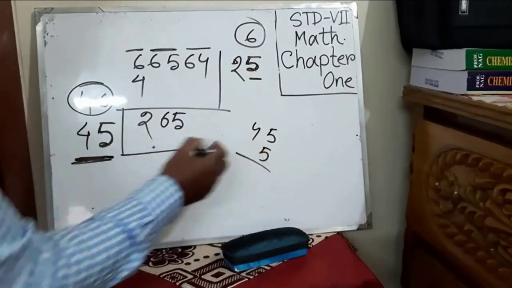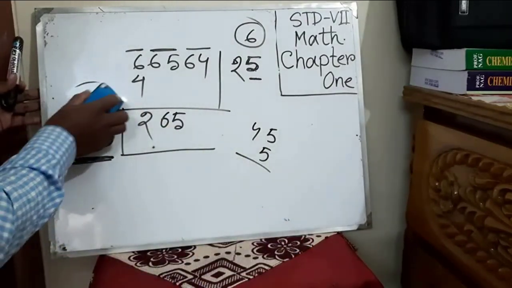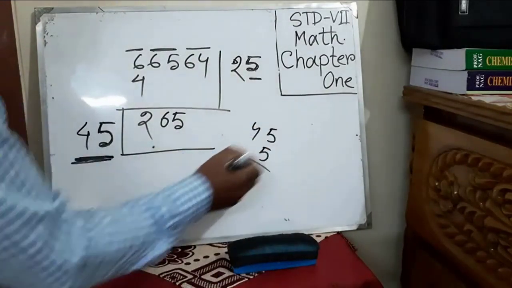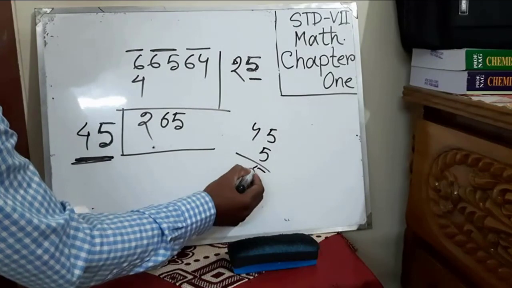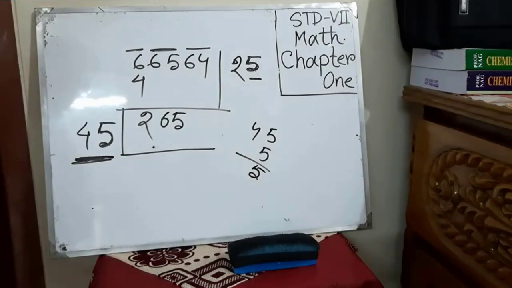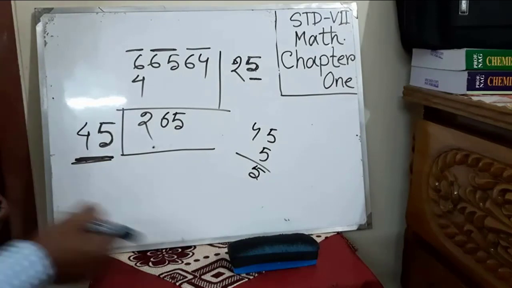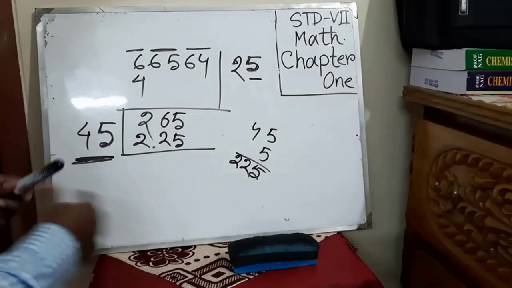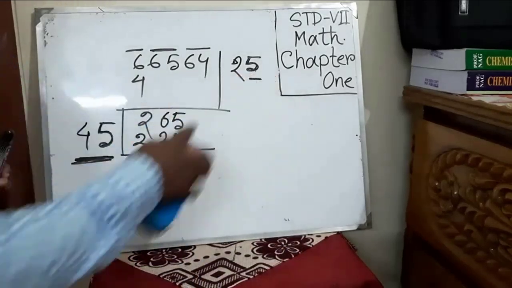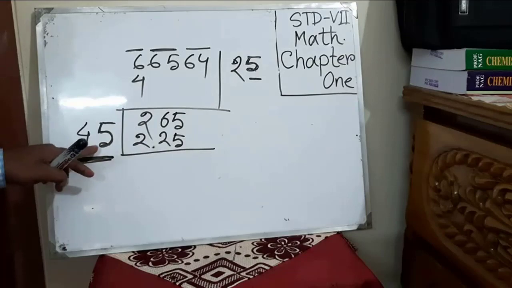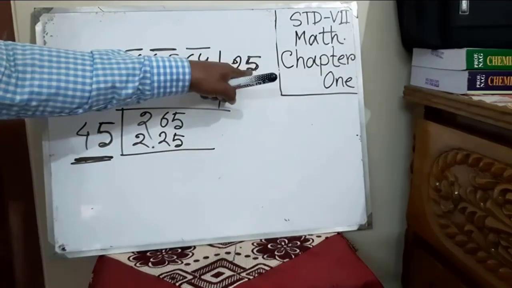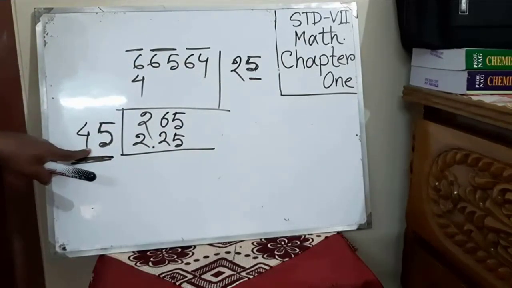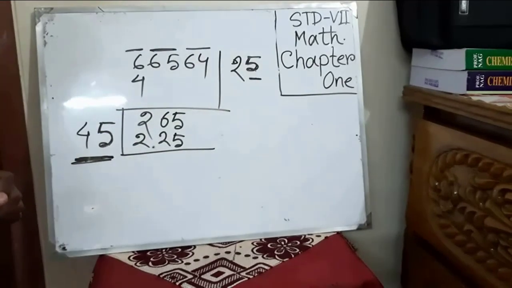So 45 will be multiplied by 5. I think you have understood better. 5 5s are 25, so first 5, 2 in hand. 4 5s are 20 and 2 is 22. 225. Have you understood? Okay. If it is 7, it will be 47 and you will multiply by 7. Whatever you write, the same digit, you will multiply this number by this digit.